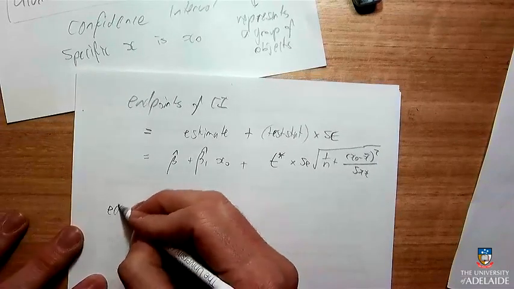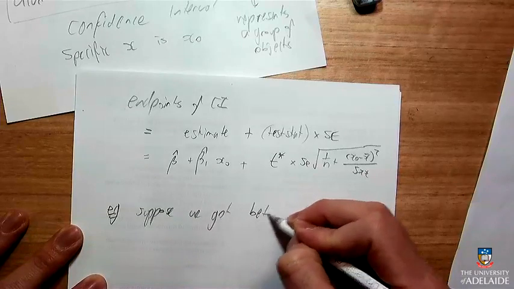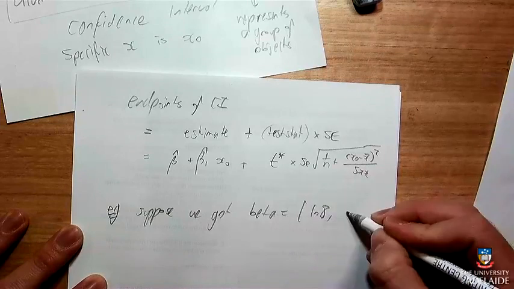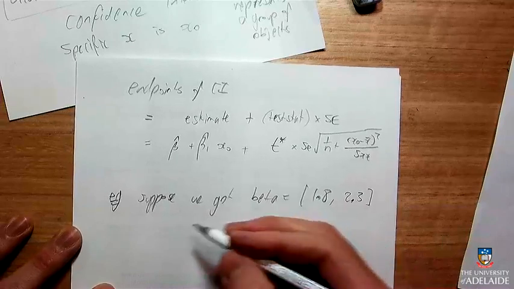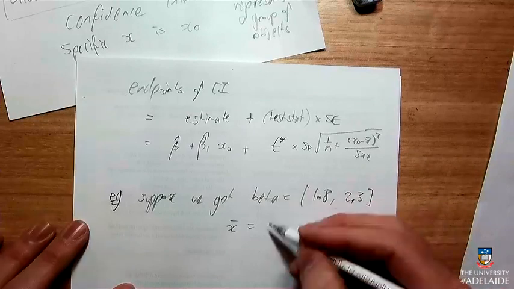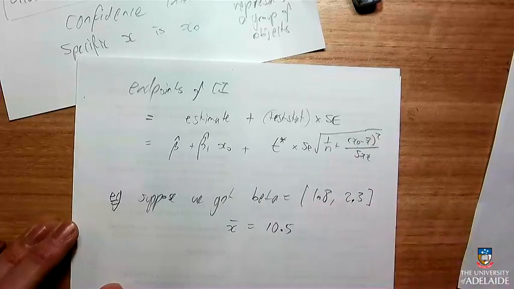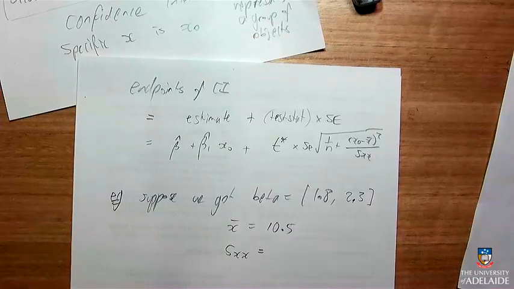So if I had an example, I'm going to have to pick a number for that. It's usually a big number.